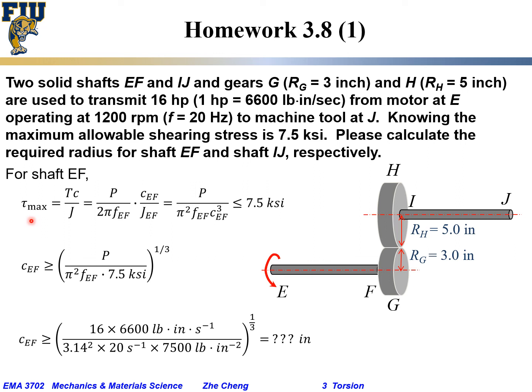The maximum shearing stress is Tc over J, and the torque would be power over 2 pi F, and we keep C and J. If we expand J, it would be half pi C to the power of 4, and simplifying, we get P over pi squared F C to the power of 3, smaller than this value.